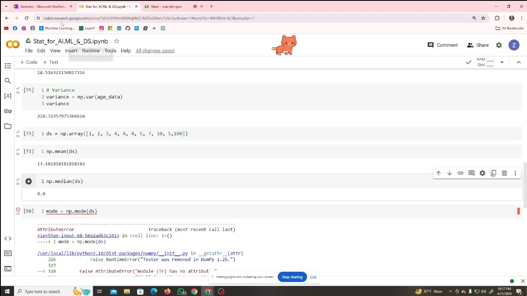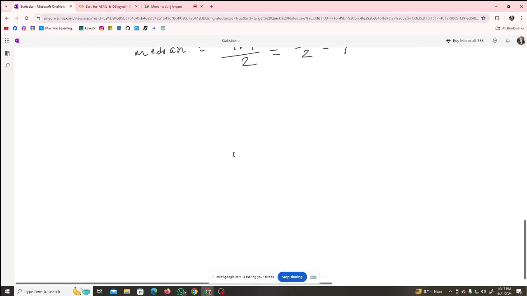So moving to the next part, which is mode. So what is a mode? Mode mainly means the most frequent data in your data set.